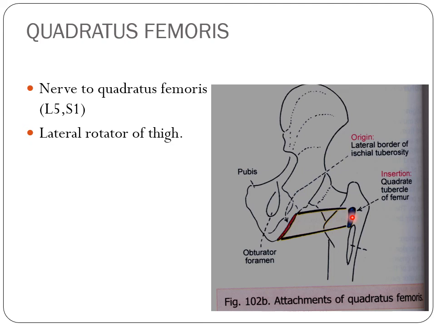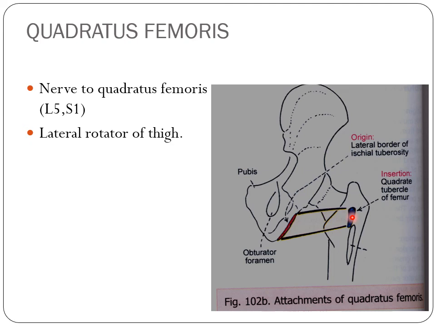The insertion extends laterally and is inserted into the quadrate tubercle near the middle of the intertrochanteric crest of the bone, and extends vertically downward for a short distance, the lower border of the quadratus femoris and lesser trochanter. These are the insertion of quadratus femoris. The elevation of the quadrate tubercle represents the site of fusion of the epiphysis of the greater trochanter and is not produced by the pull of these muscles.